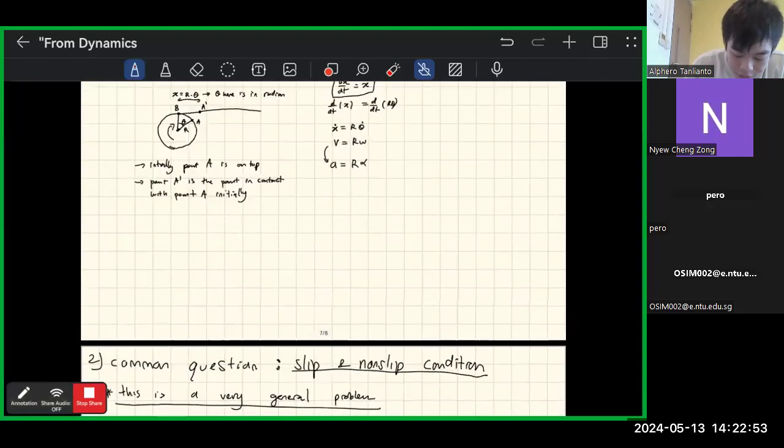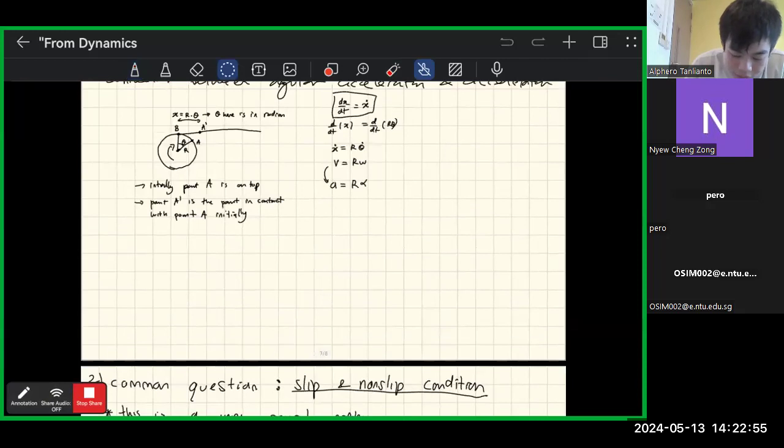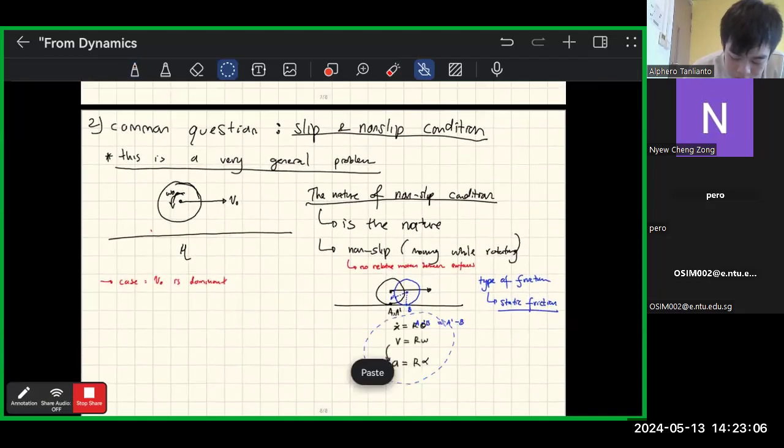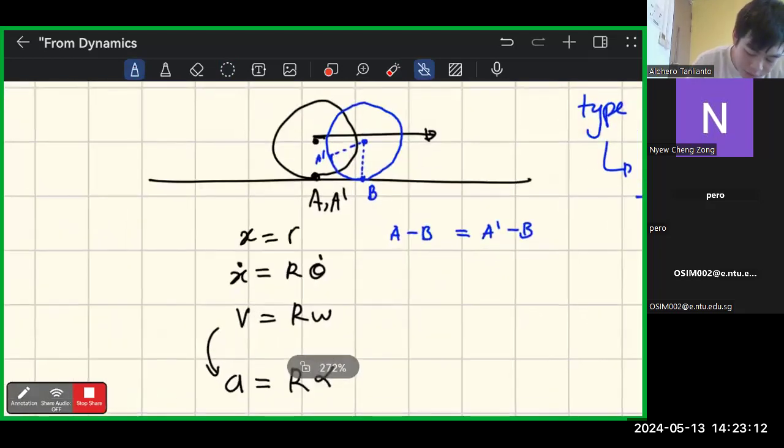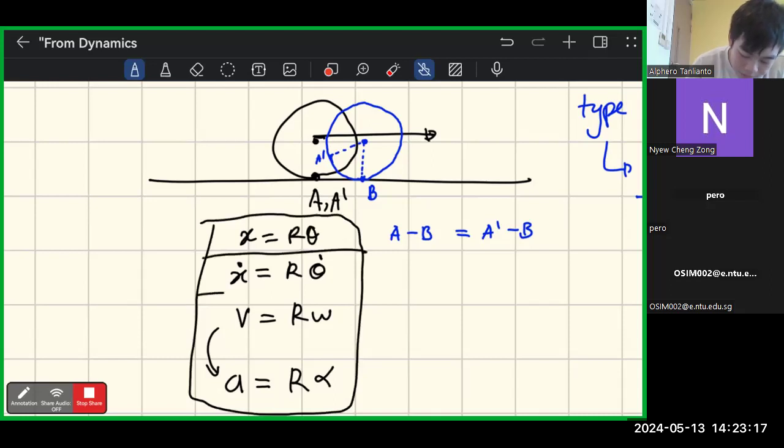You have this relation. I'll just copy this. Copy this condition. This is the non-slip condition. X equals r theta or whatever. Yeah, this is the condition of non-slip. Okay.